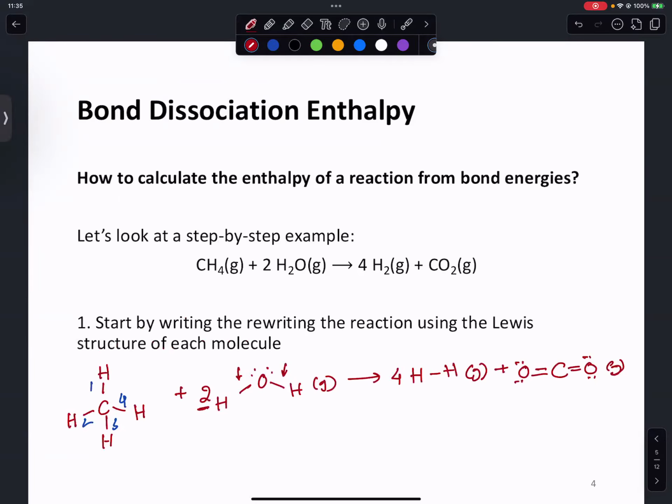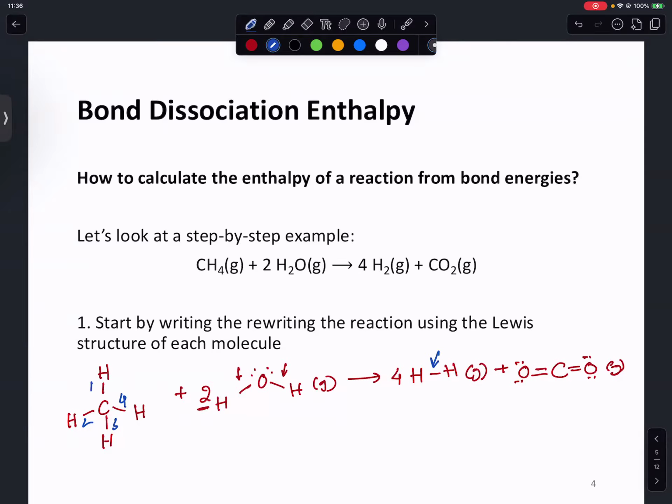So again, going back to my example, I have 4 times 1 bond.